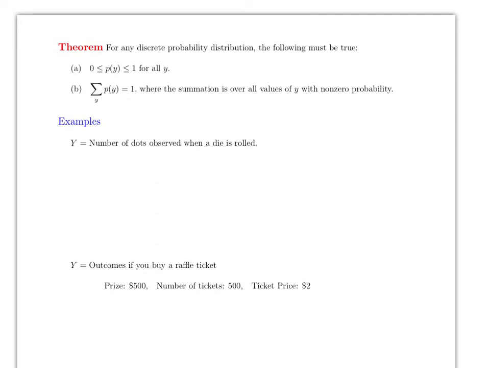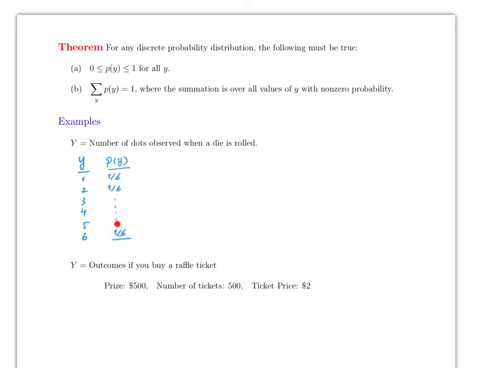So for example, if the random variable is the number of dots observed when a die is rolled, the possible values for y are 1, 2, 3, 4, 5, and 6. And the probability of getting 1, remember, is 1/6, 1/6 for each of them.